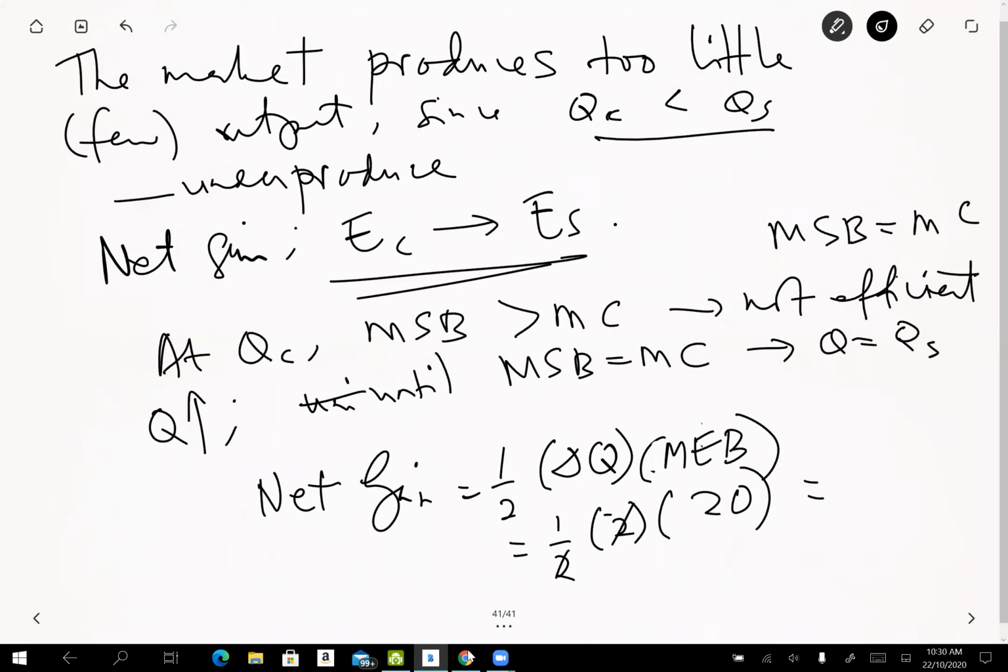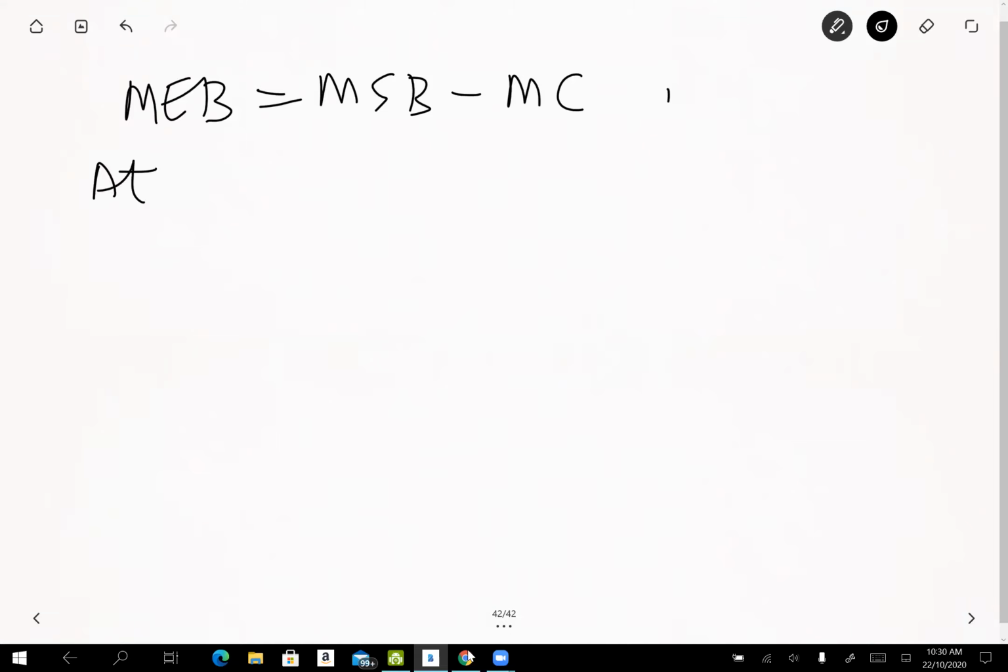Because I was looking at the paragraph, they didn't mention the MEB. So we can look at the MEB, which is equal to the MSB minus the MC. So at any point, since you assume the MEB is a constant, so same everywhere, that is a convenient assumption because everywhere will be the same MEB.